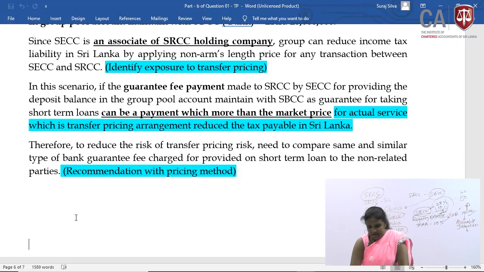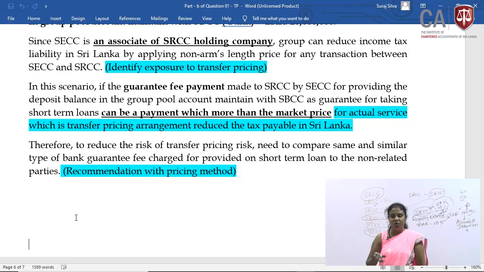I am going to explain that again very clearly. In this scenario, the guarantee fee paid to SRCC by SECC for providing the deposit balance in the group pool account maintained with SBCC, as a guarantee for taking short-term loans, can be a payment that is more than the market price.